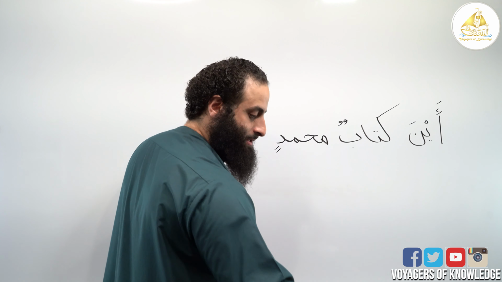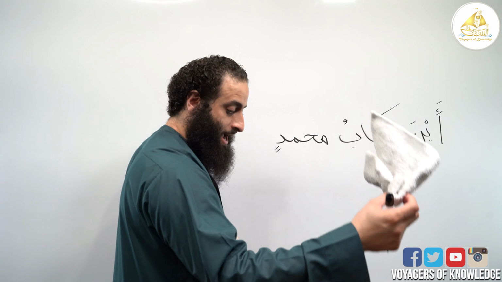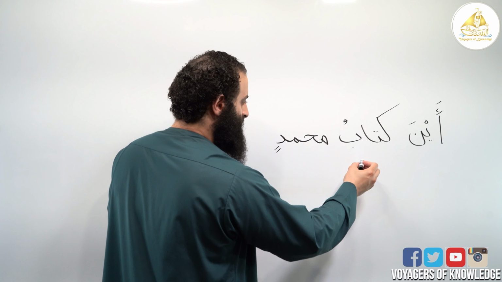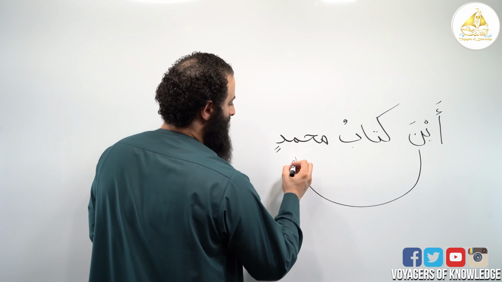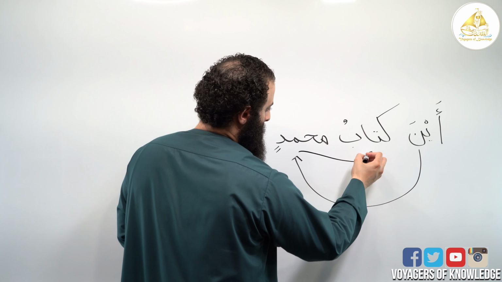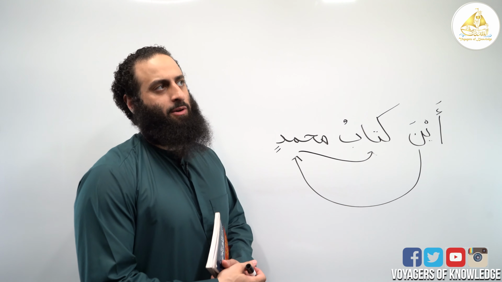And the truth is, it is off, because if it's mudaf, you cannot add tanween. This word is being attributed to this word. Where is Muhammad's book? If you say it the other way, where is the book of Muhammad?